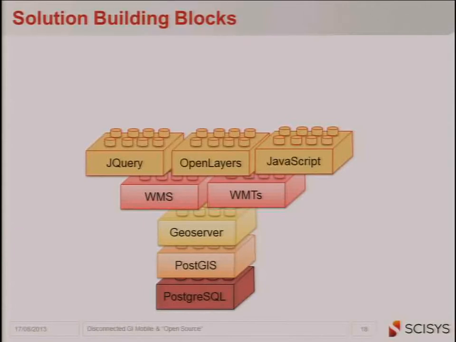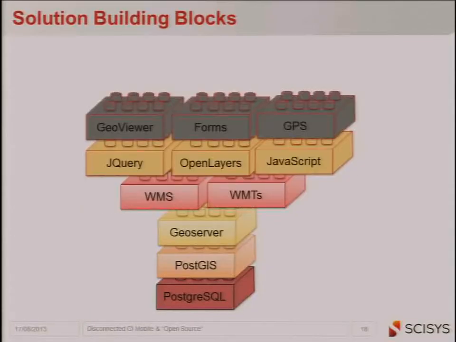And again, the usual suspects in terms of implementing the client applications. We're looking at the likes of OpenLayers, JavaScript, jQuery Mobile, very convenient products, allowing us to quickly implement the solution and integrate it into existing forms, or even with the local GPS on board the device.